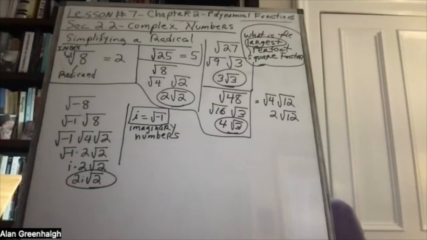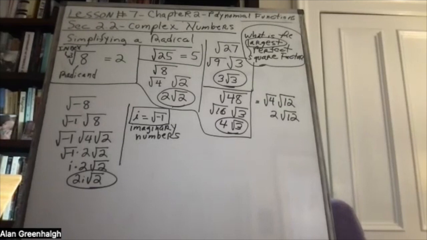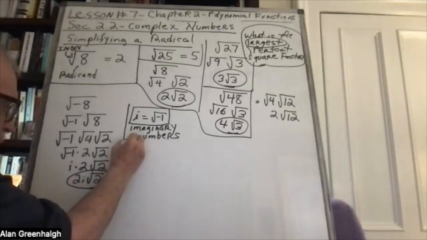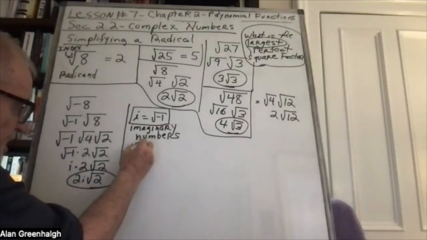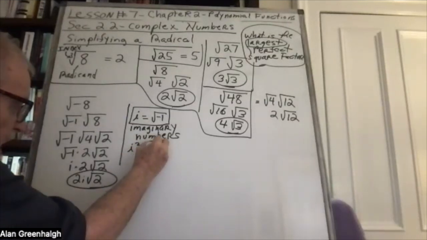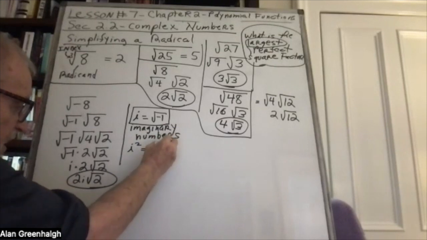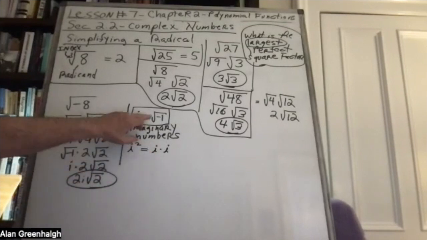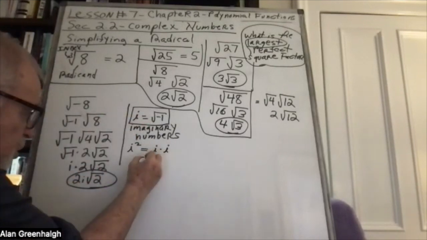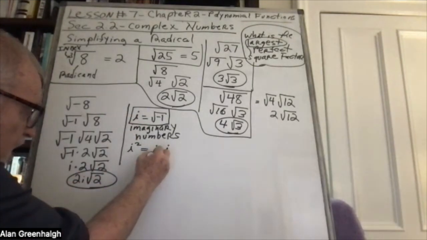Now, one of the things that's very, very useful to us is not only i, but i squared. How do we do this? Well, i squared is equal to i times i. But what is i equal to? i is equal to the square root of -1.